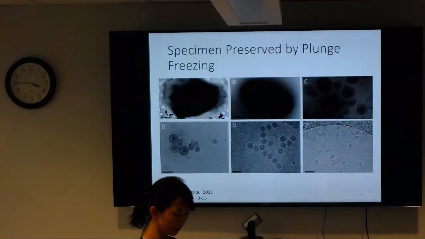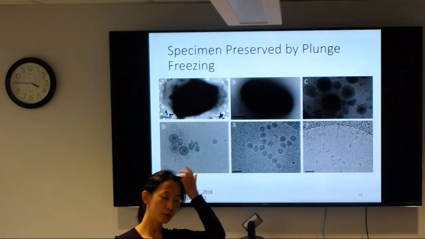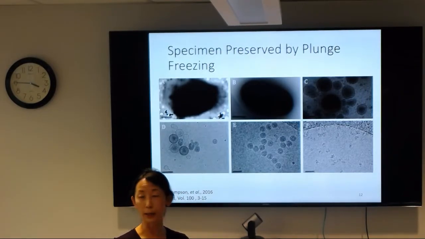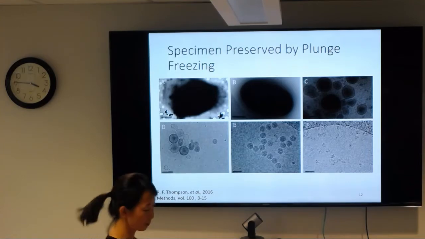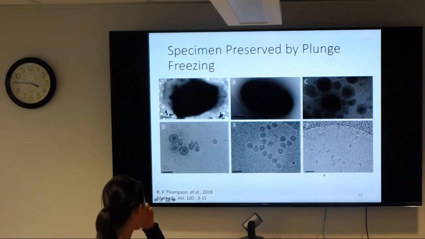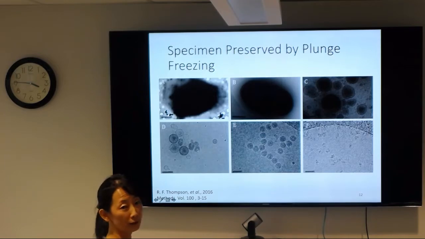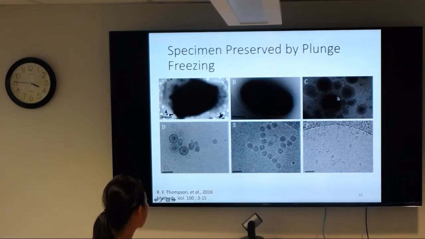Plunge freezing first. What kind of samples can be used for plunge freezing? I'm just going to give you a slide to show. From small to large, you can do protein complexes, phage viruses, and liposomes. And this is intracellular organelles, vesicles.